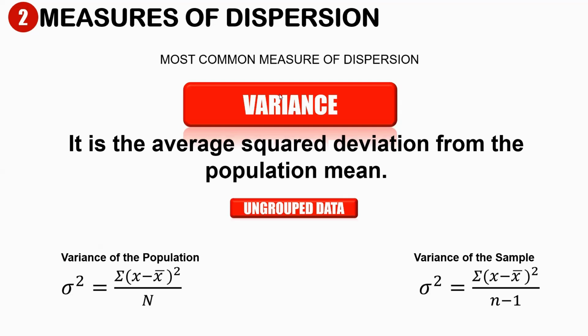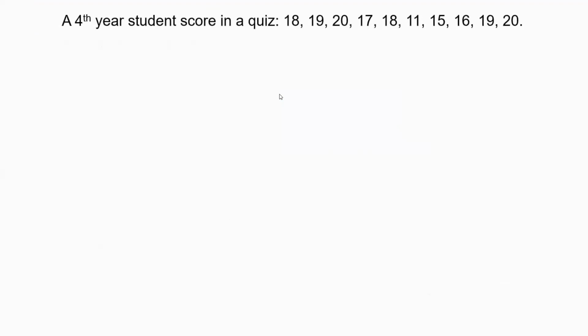If your data set represents the entire population, use population variance. If your data set is sampled from the population, use sample variance to adjust for sampling error. In practice, most of the time you will use sample variance because it's rare to have data for the entire population.